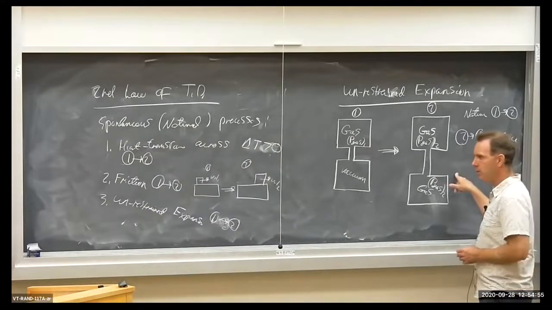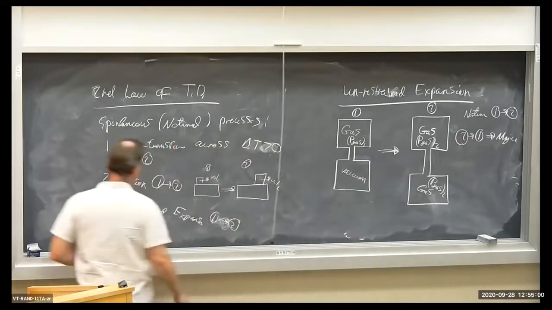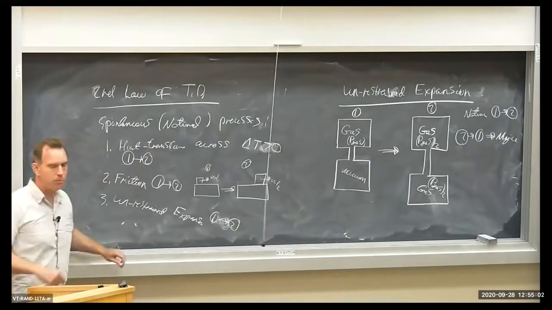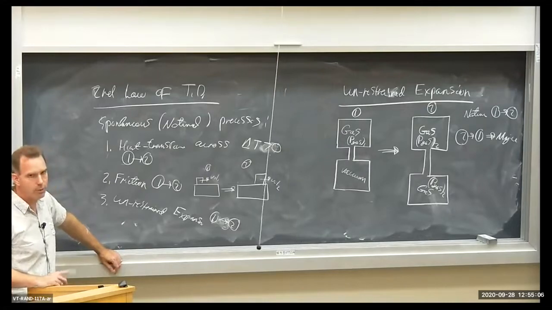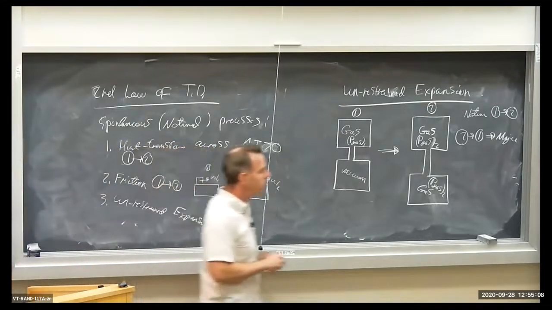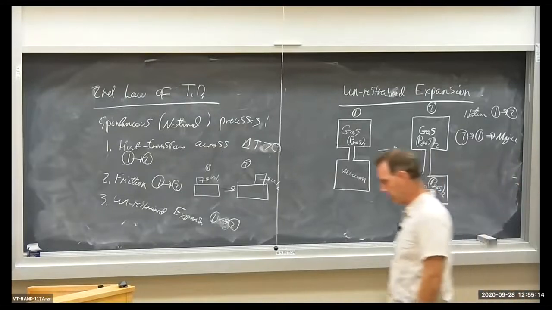Unrestrained expansion, process involving friction, in this case an object moving across a table, and then the heat transfer, which I just erased, from hot to cold. Those are all spontaneous or irreversible processes.